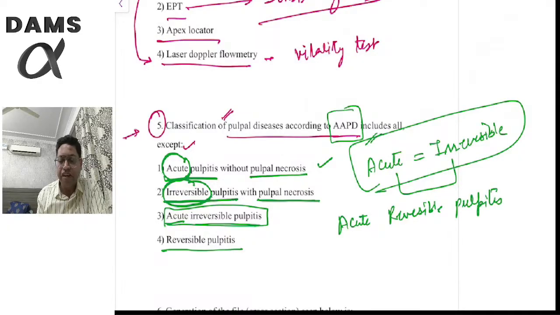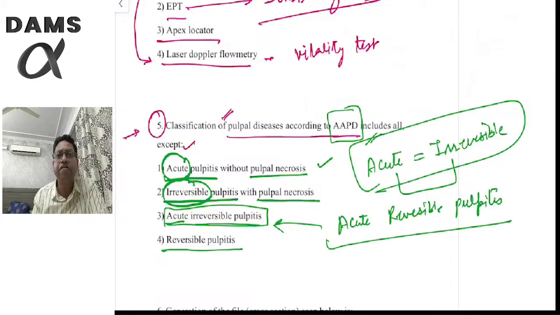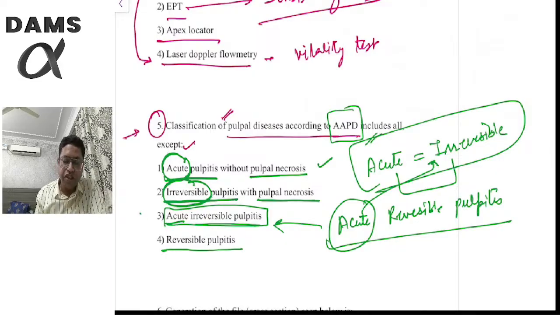To justify this term, there has to be a diagnosis of acute reversible pulpitis, but that is not the scenario. Always remember, acute means irreversible. So option C is not correct. Reversible pulpitis is a separate term, and is correct. So options A, B, and D, that is 1, 2, and 4, are correct. Option 3 is not correct in any classification system.